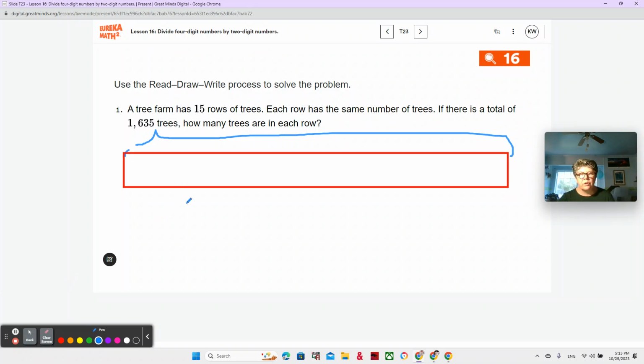And we also know that that amount of trees is in 15 rows, right? Okay, and then each row has the same number of trees, but we don't know what that number is. But we know that we have 15 rows. All right, good. So what is our division problem?